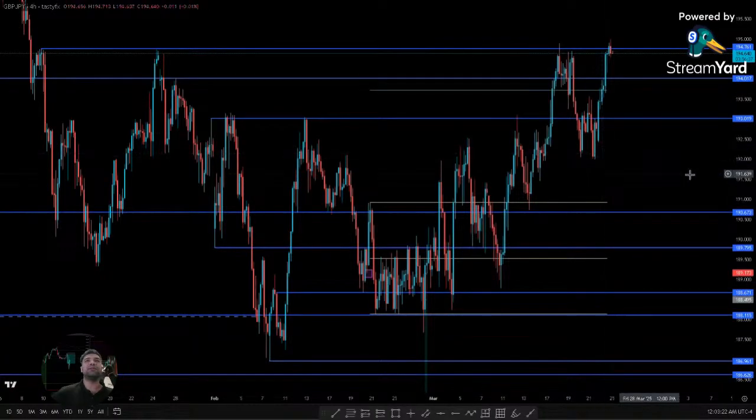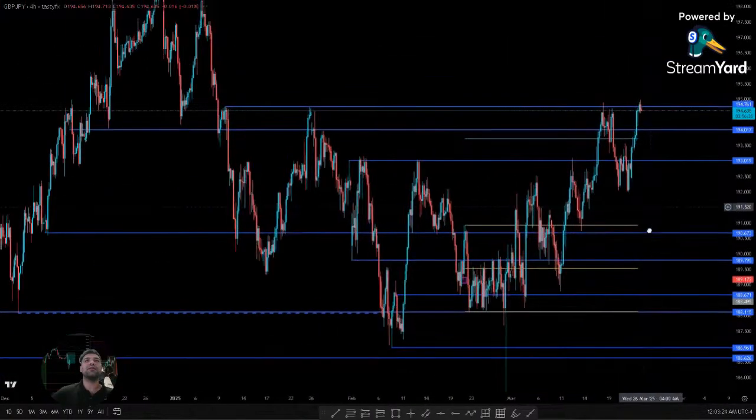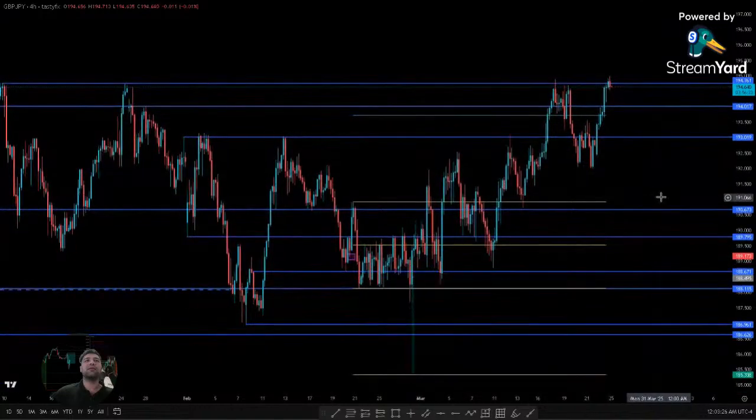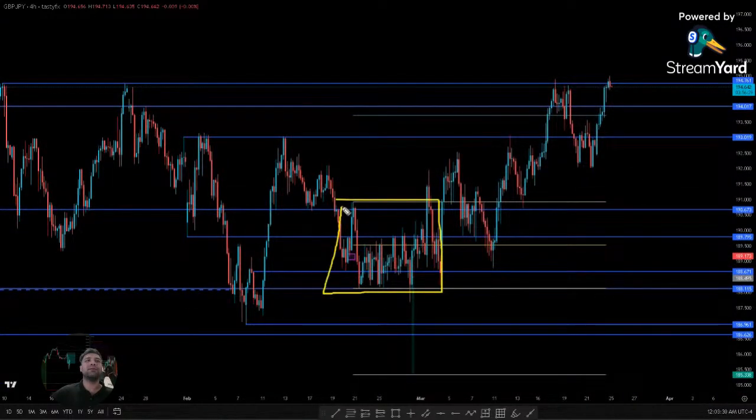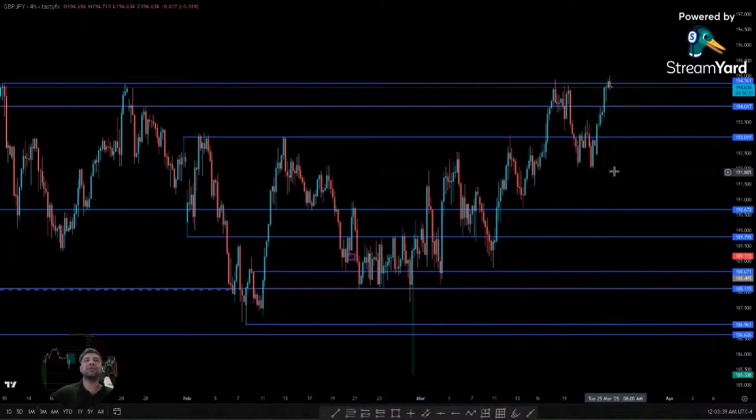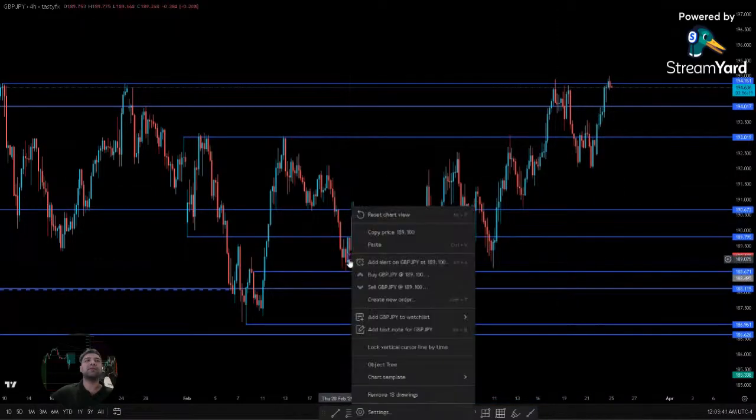And GBP/JPY, so this is a measured move that actually happened from this point to that point, a great move. And now it's time to remove this, and also remove this.